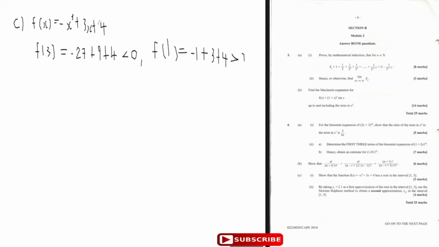Nice. So one is less than 0 and the other is greater than 0. So by IMVT, there exists a root on the interval (1, 3).